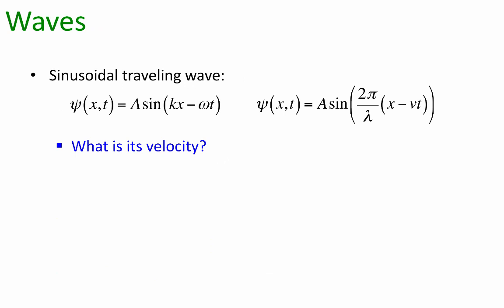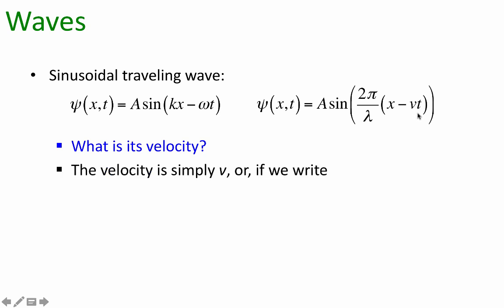All right, so let's start with what's its velocity. Well, this sinusoidal traveling wave, as written in either form, we have a sine kx minus omega t, and if we write it instead as a sine 2 pi over lambda times x minus vt, these are the same thing, and this v is velocity. So the velocity is just v.